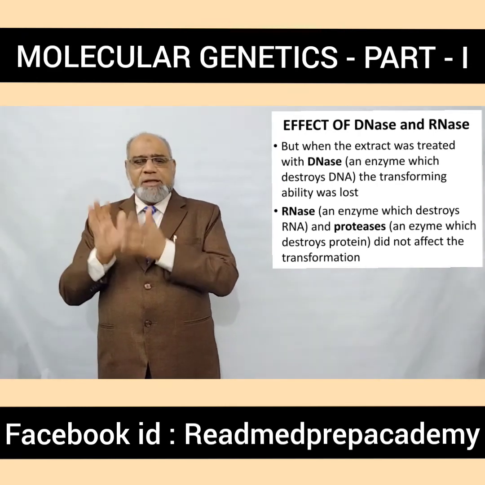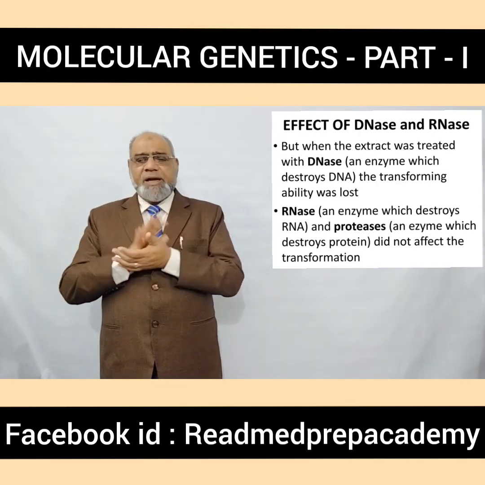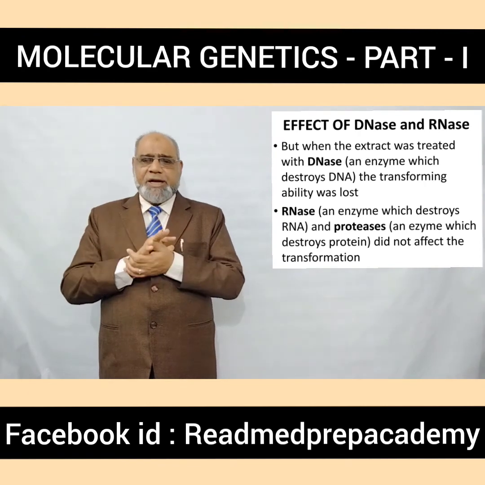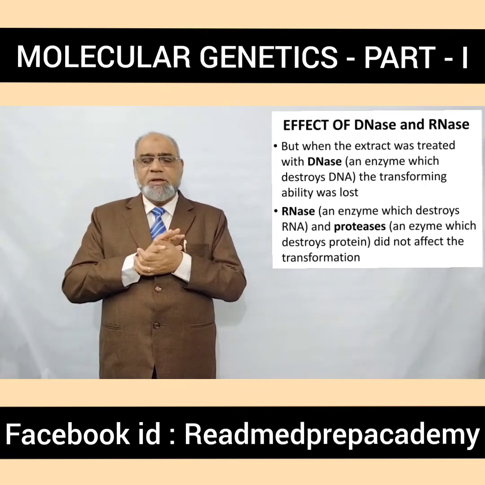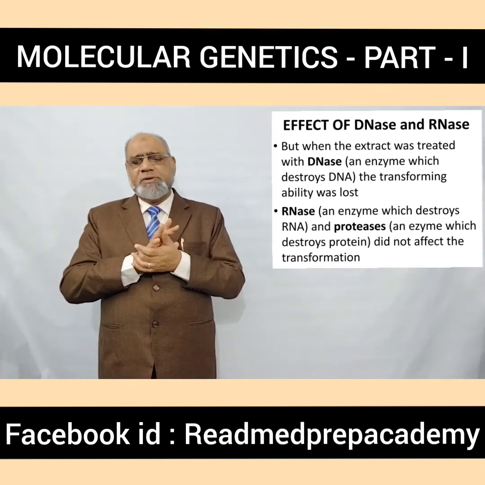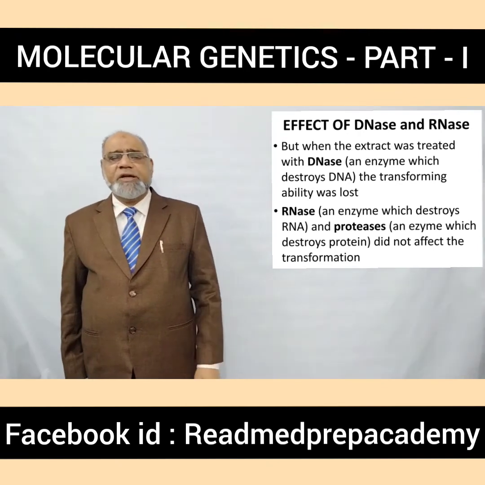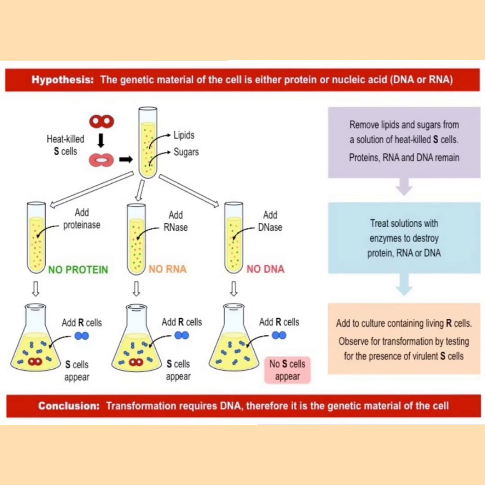Similarly, they took other samples and added RNase, an enzyme which destroys RNA, and proteases, which destroy proteins. This showed that the transformation principle was not affected. According to this hypothesis, the genetic material of the cell is either protein or nucleic acid, DNA or RNA.